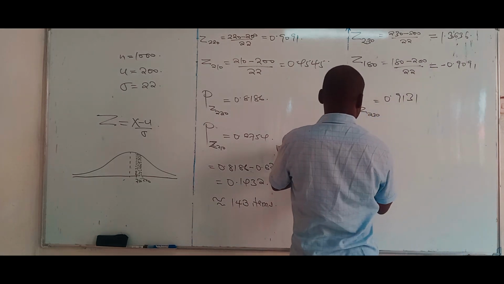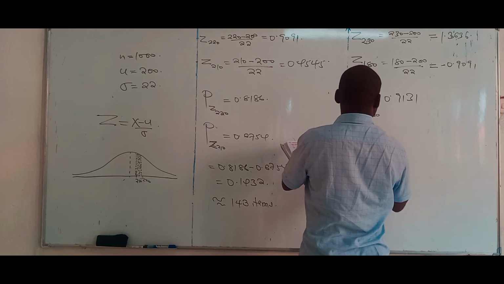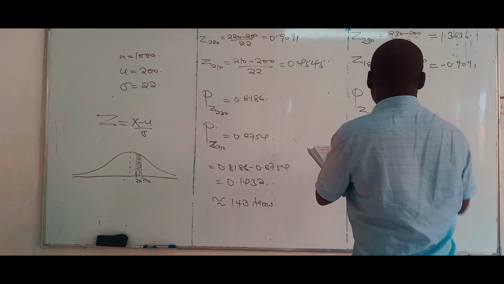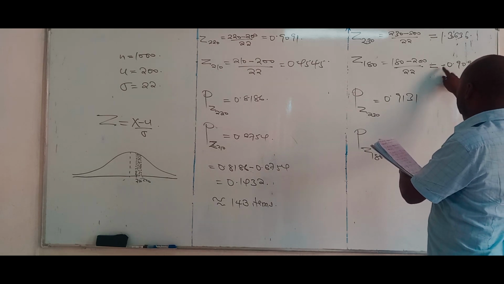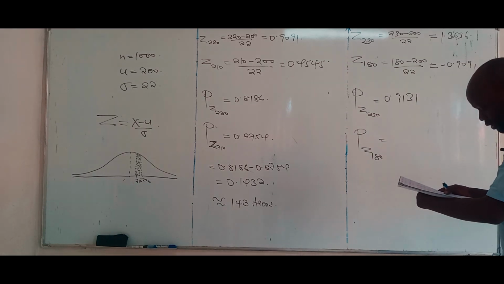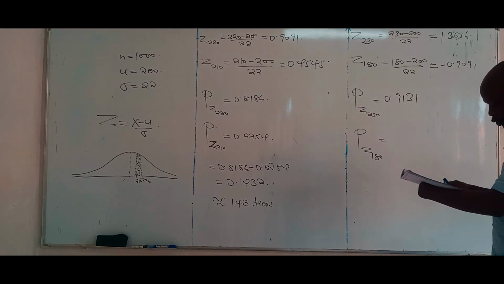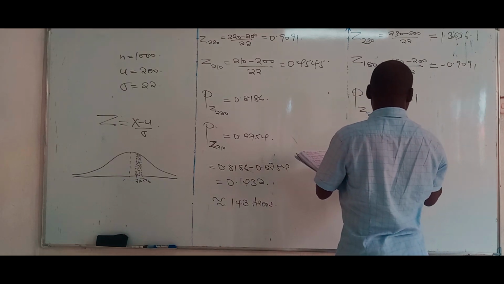Then the probability for Z of -1.80: if you read the probability that corresponds to this, of course the Z is negative because it's on the other side of the tail. If you check that probability, you'll get about 0.1814.